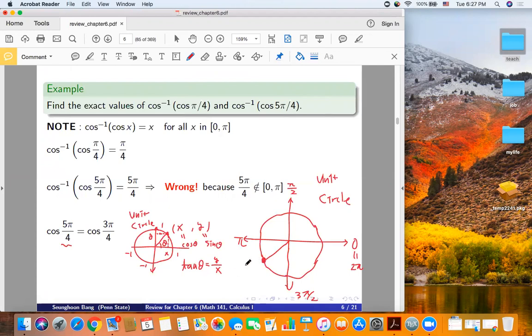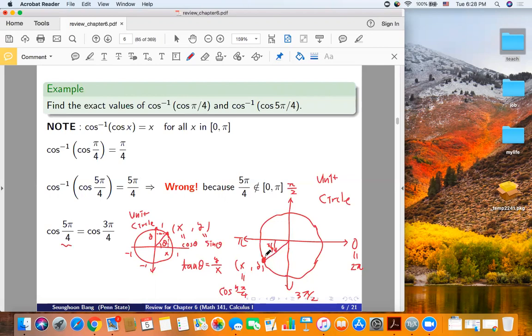So this point has x and y here. This x value is exactly the same as what? Cosine 5 pi over 4. What's this angle? This angle is 5 pi over 4 minus pi, which is exactly pi over 4.